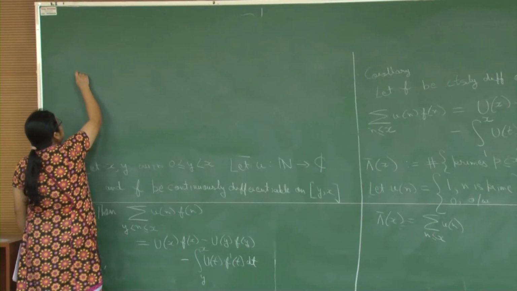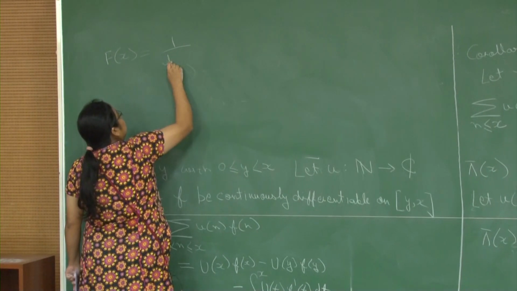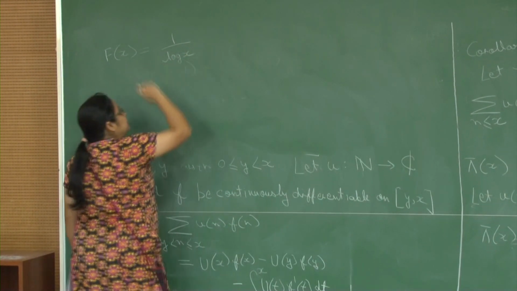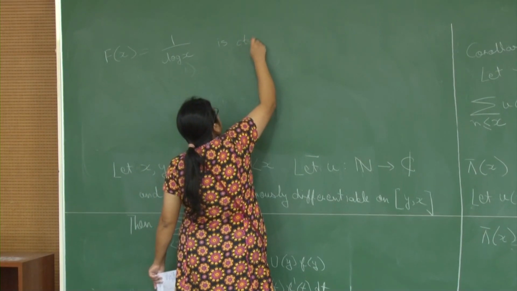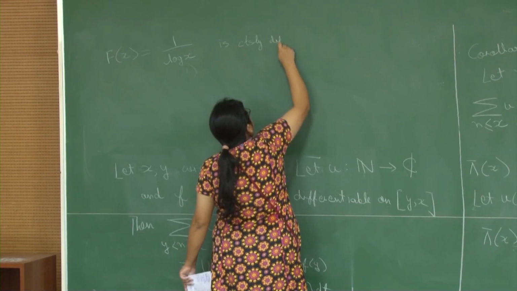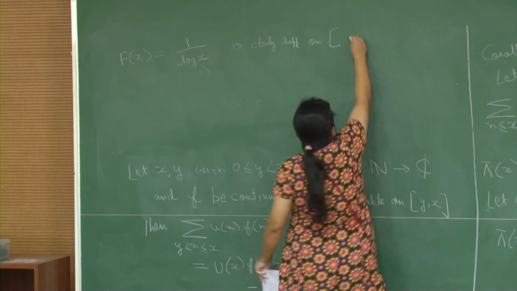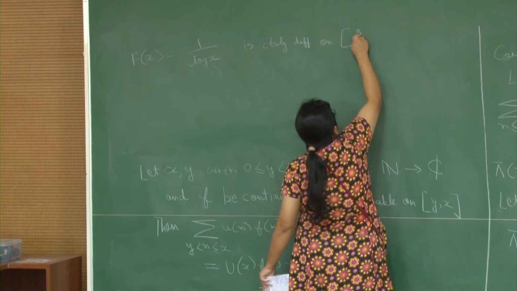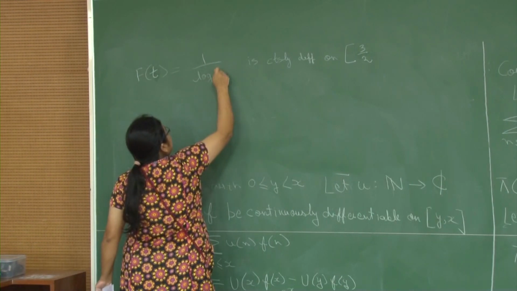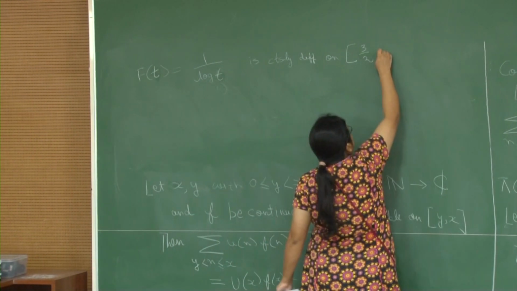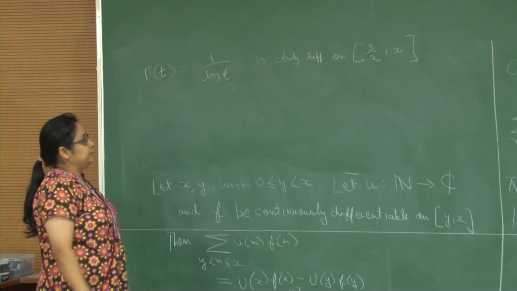We take capital F of x to be equal to 1 over log x and observe that this is continuously differentiable on the interval 3/2 to x.